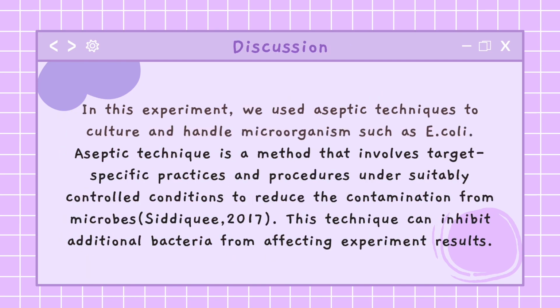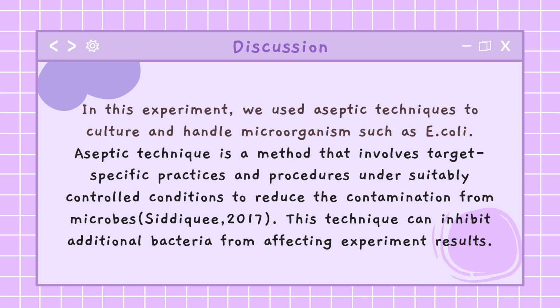Discussion. In this experiment, we use aseptic techniques to culture and handle microorganisms such as E. coli. Aseptic technique is a method that involves target-specific practices and procedures under suitably controlled conditions to reduce contamination from microbes. This technique can inhibit additional bacteria from affecting experiment results.